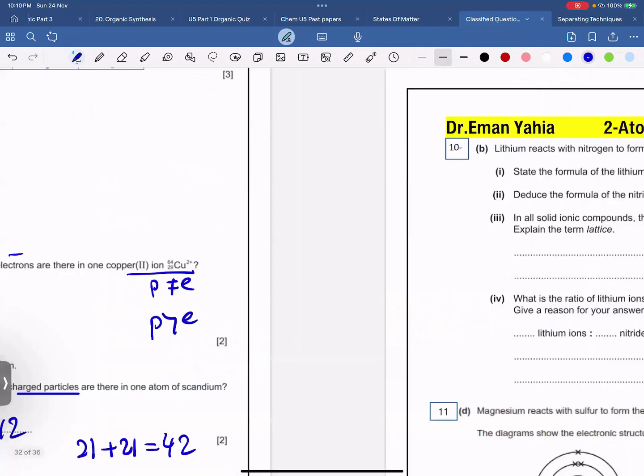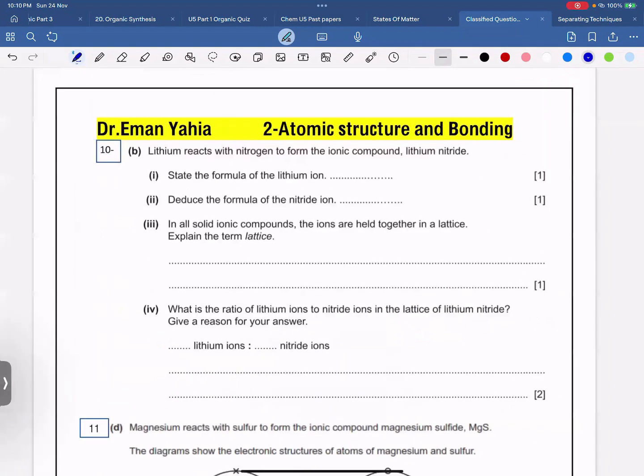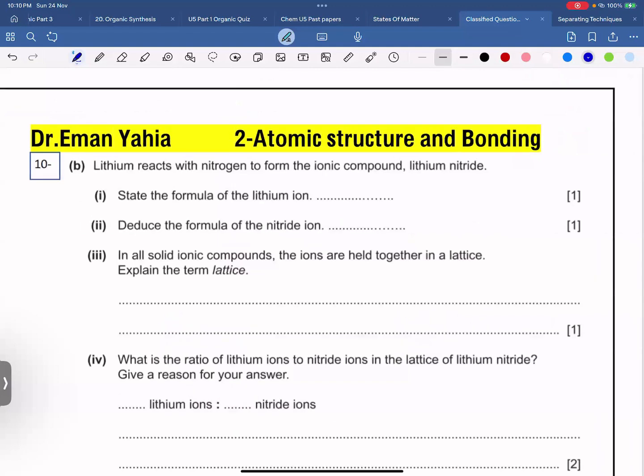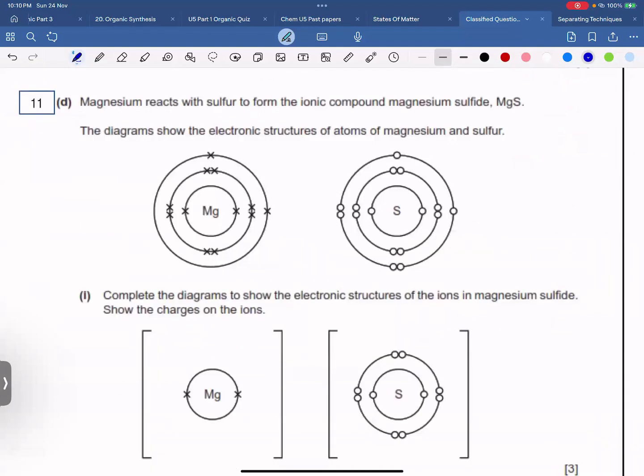And the next question, magnesium reacts with sulfur to form an ionic compound, magnesium sulfide. The diagram shows electronic structure of atoms of magnesium and sulfur. So magnesium electronic configuration is 2, 8, 2 in atom state, for sulfur 2, 8, 6.